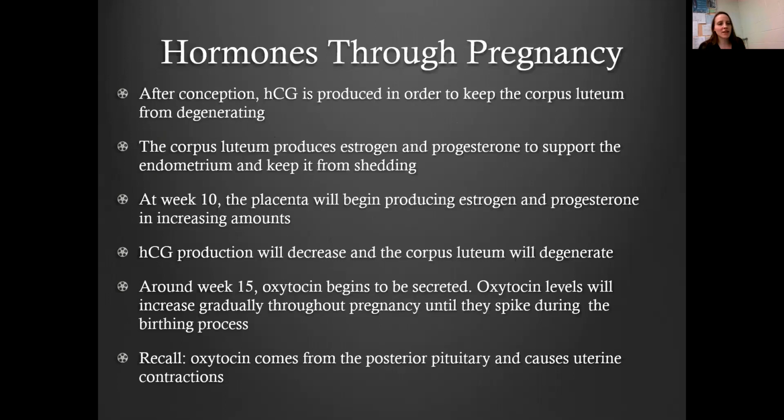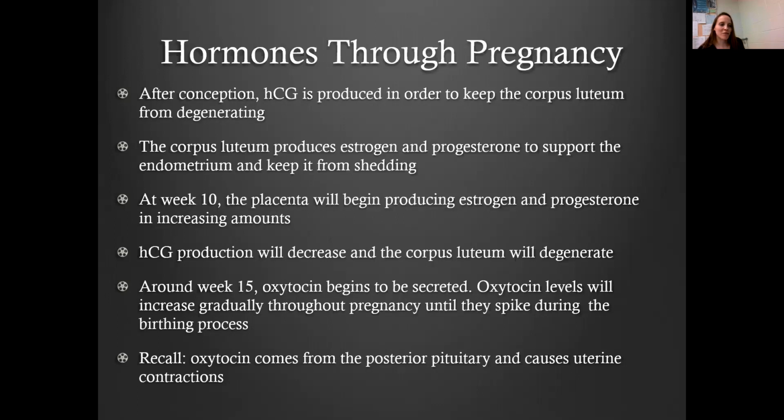Again, hormones are really important for this entire process. Pretty much right away after fertilization, as soon as that implantation of the blastocyst happens, the HCG is being produced. That is needed for the corpus luteum to stop from degenerating, to maintain that corpus luteum. If that corpus luteum isn't there, the endometrium gets shed along with the blastocyst.